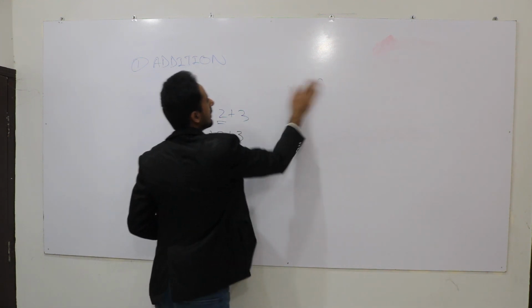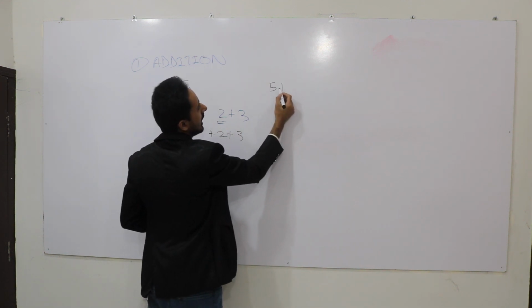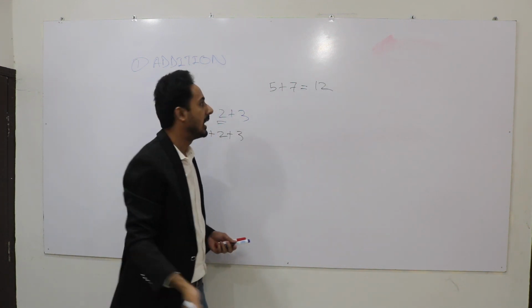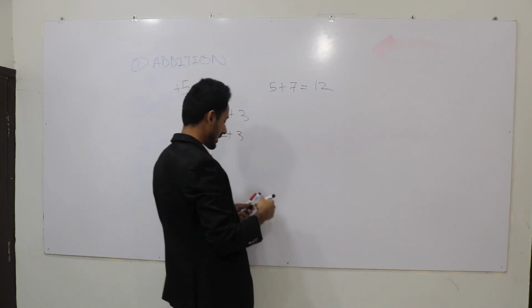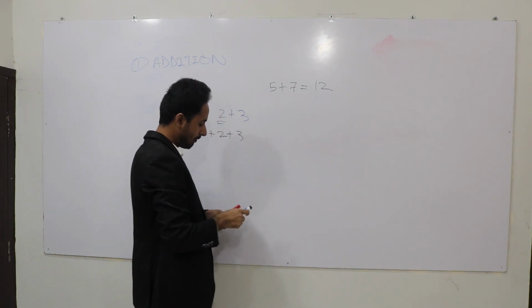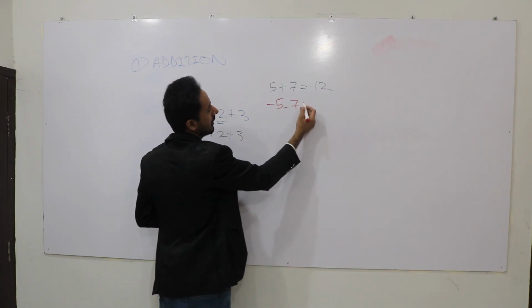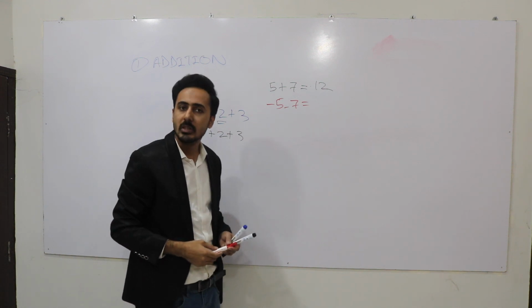Now let's discuss this. 5 plus 7 becomes 12. And we have written no sign here, that means it's positive 12. And now if I am doing minus 5, minus 7, the question arises here, what will we do here?